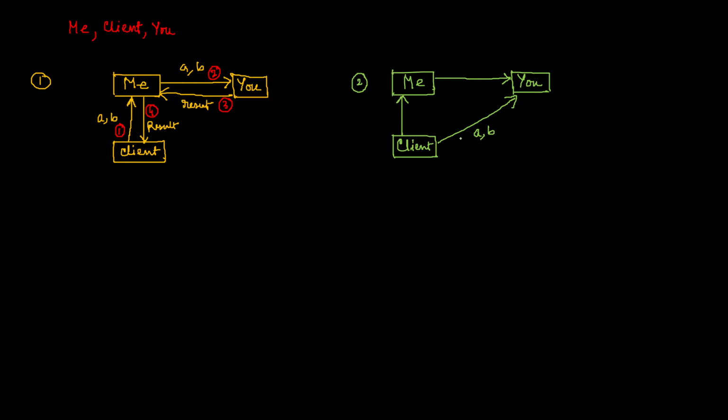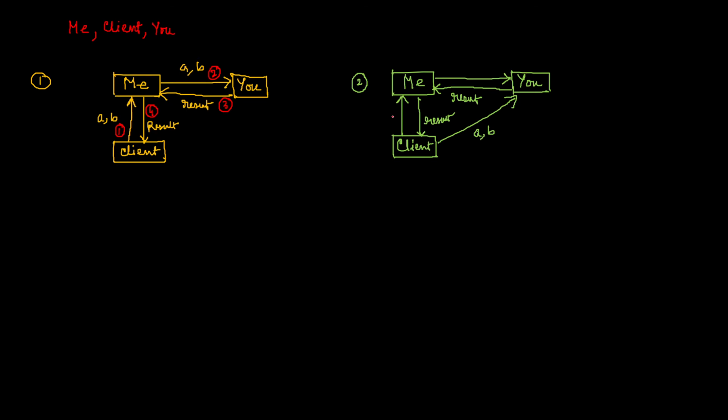And after getting the addition of these two numbers, I told you to return me the result. So you return the result to me. And then I return the result to the client. So what is the strategy here?